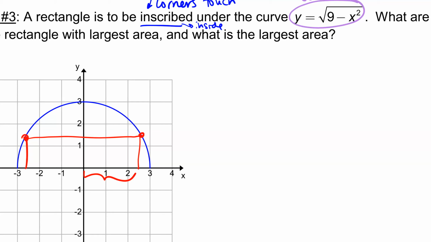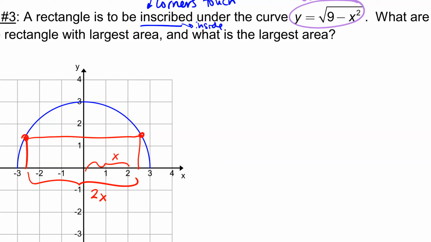It's just x. So if this length is x, the whole length across will be 2x. The distance from the origin to this point is exactly our x value, like 2.5, so the length totally across is 2 times that.